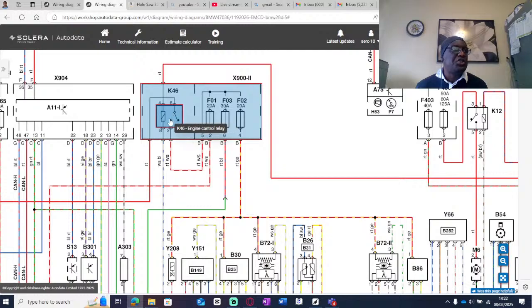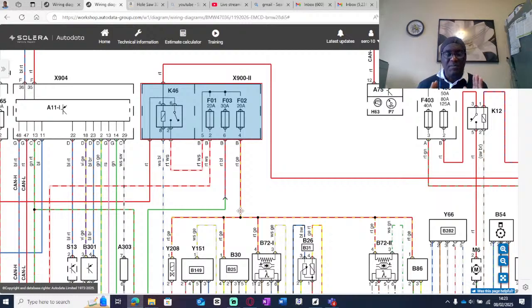Once that switch closes, power comes through, goes here, goes here, goes here. So all these 3 fuses are controlled by this engine control relay. Once we close it, we have power here, so power comes to pin number 2.